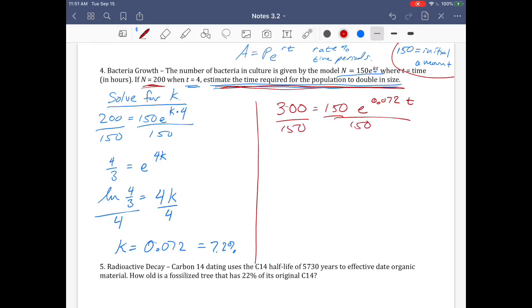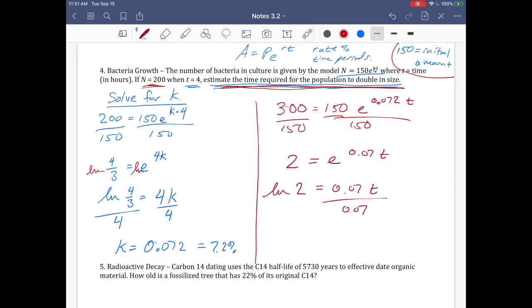Divide both sides by 150. Notice you're going to get to a 2 here. And now the actual algebra is identical. So the natural log of each side gives you, remember that we took the natural log of each side over here, and the natural log of e to the 4k effectively cancels out. So now we're going to have 0.07t.